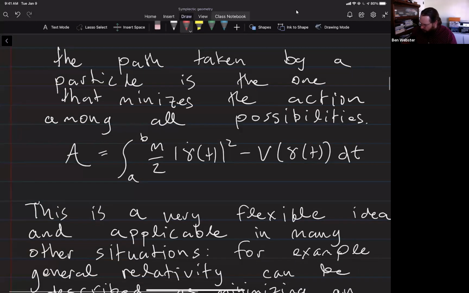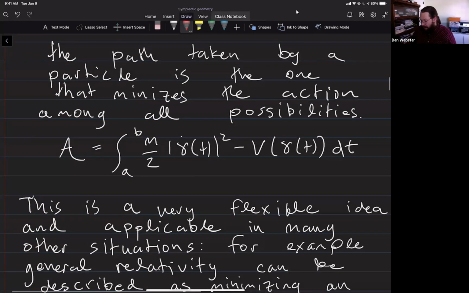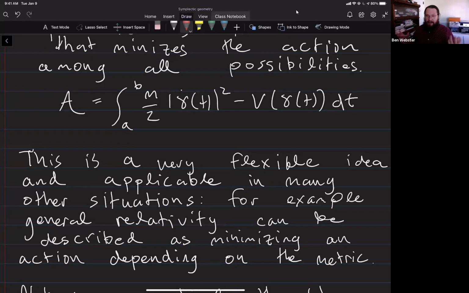But this is very useful because it's a very flexible idea. You can apply it in a lot of places in physics. I think a beautiful manifestation of this is that you can derive the Einstein field equations, which tell you how the metric behaves in general relativity, from what's called the Einstein-Hilbert action.